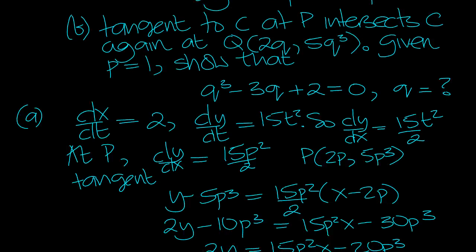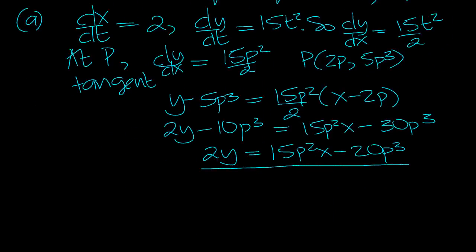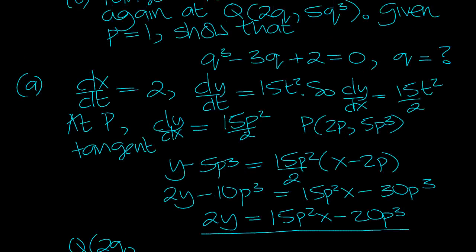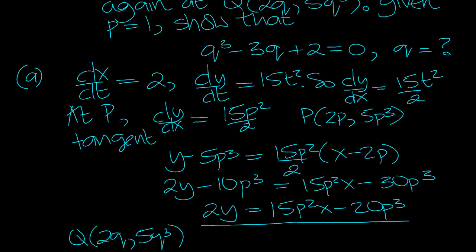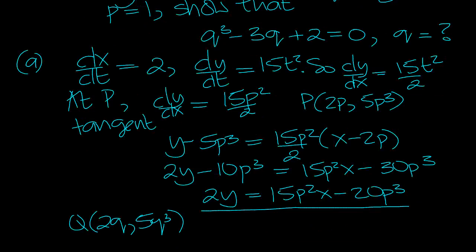Okay. The tangent to C at P intersects C again at Q. So this tangent intersects it at Q, 5q cubed. Okay. Given p is 1, show that q.